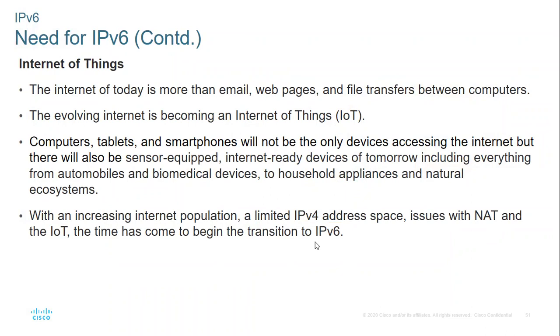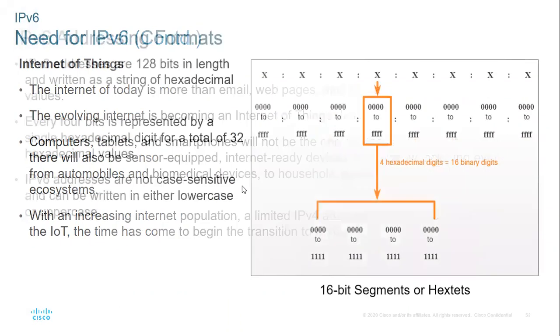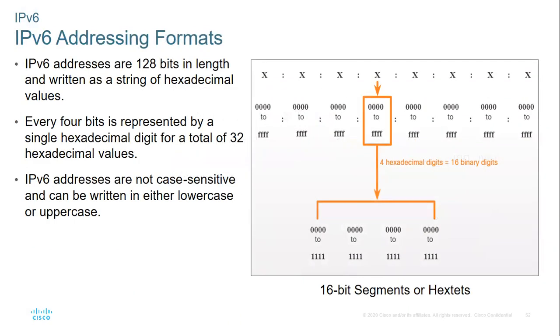We are running out of IPv4 addresses because the internet is evolving. We now have the Internet of Things, okay? We have so many computers now, tablets, smartphones, and so on. All those need a unique IP address.